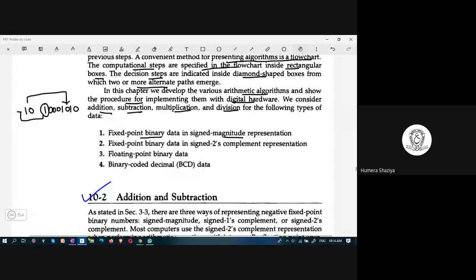And fixed point in binary data, in the sense that if you have a number like 10.0, and you're not moving this point, this is a fixed point number. In a floating point number, what you can do is, if you have 10.0, you can say 0.100 into 10 to the power of 2. This is a floating point number.